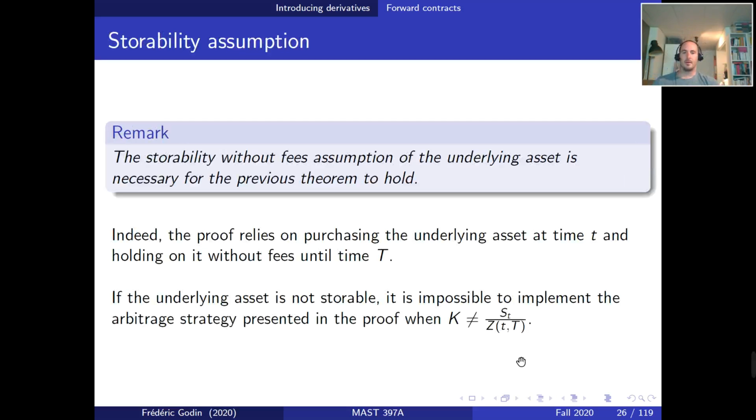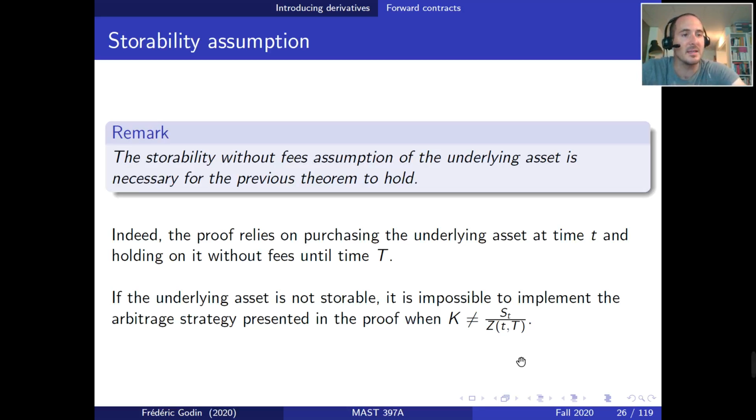Okay, so we talked about the storability assumption made for the underlying asset. Okay, so what happens if this storability assumption does not hold? Well, what happens is that some of the steps from the previous proofs now don't hold anymore.